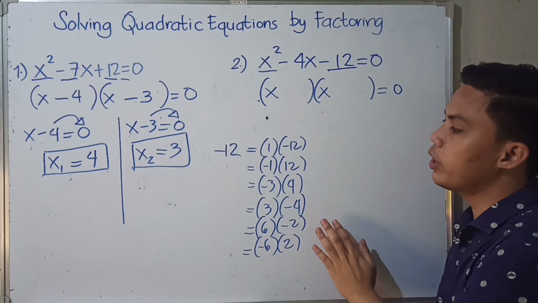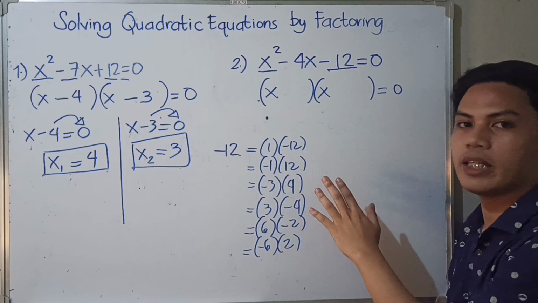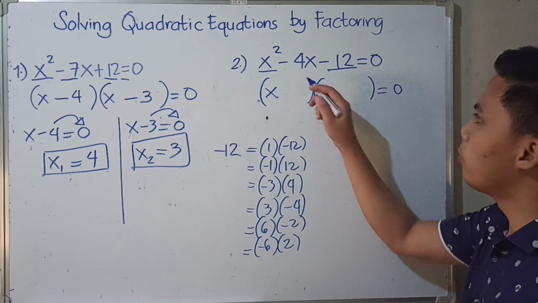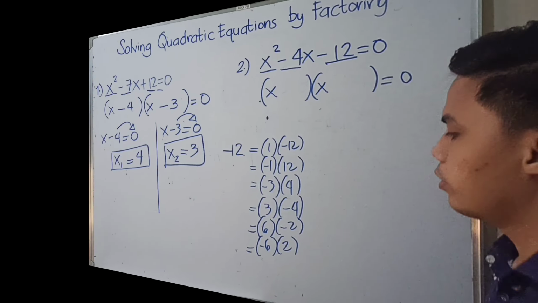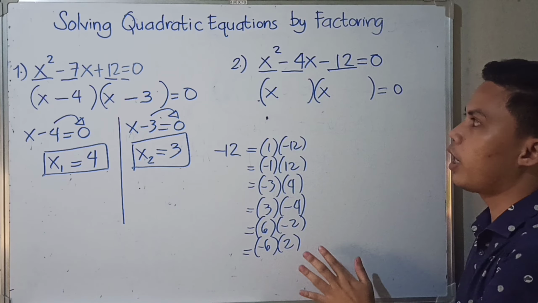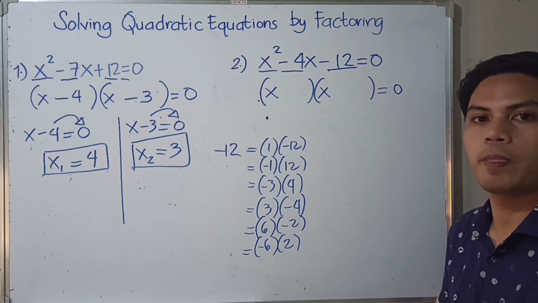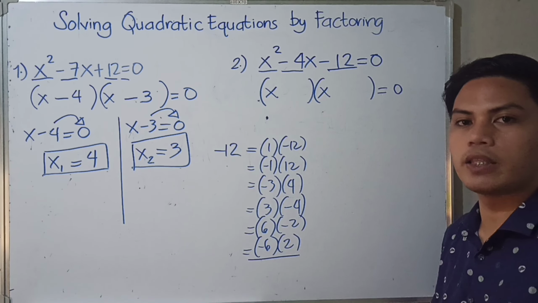Pero, yung i-consider lang natin is yung pares ng factor na kung saan pag in-add natin sila or i-combine natin sila, magiging equal sa numerical coefficient ng second term, which is negative 4. So, sa tingin niyo saan kaya na pares ng factors ang once na kinombine natin, magiging equal to negative 4? So, the answer is negative 6 and positive 2.